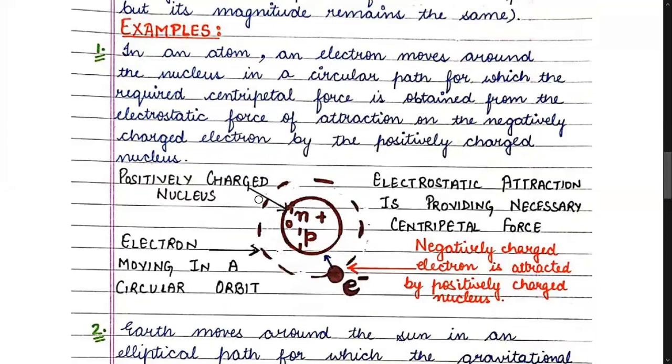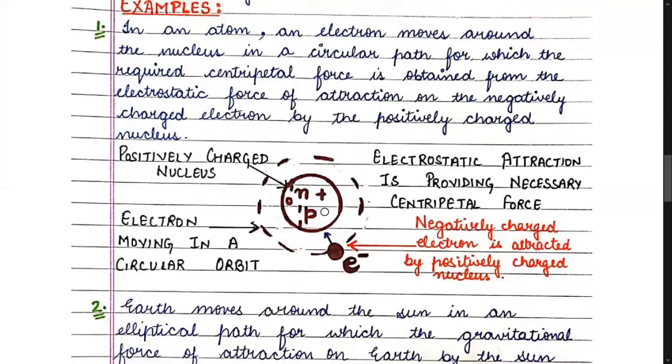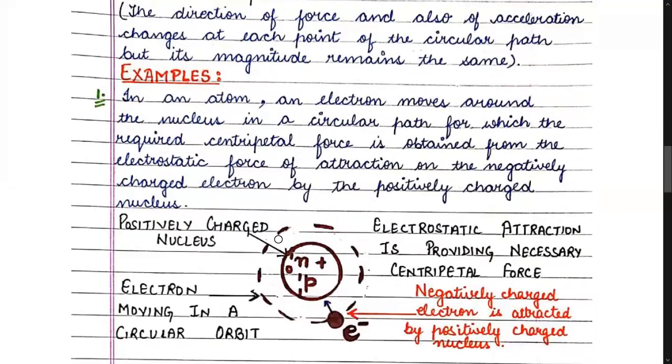So students, as an example of centripetal force, in an atom an electron is moving around a nucleus in a circular path, for which centripetal force is required. Now, listen, you know that the nucleus is positively charged. What is the charge on a nucleus? The nucleus is positively charged, but the electron is a negatively charged particle.